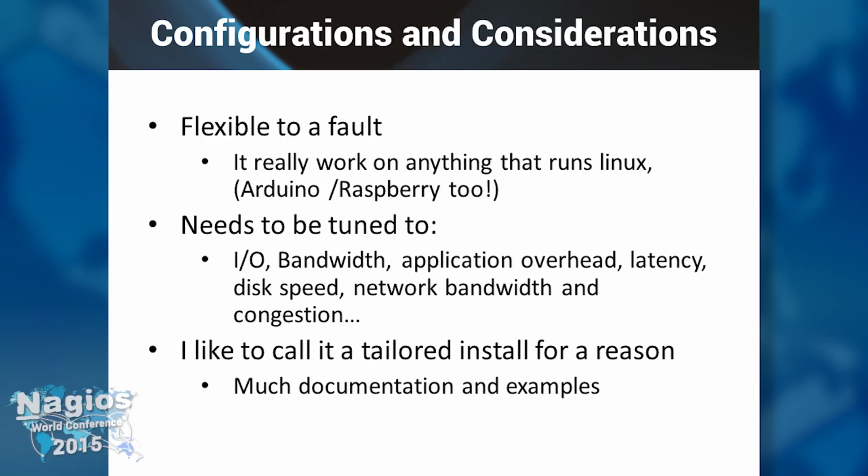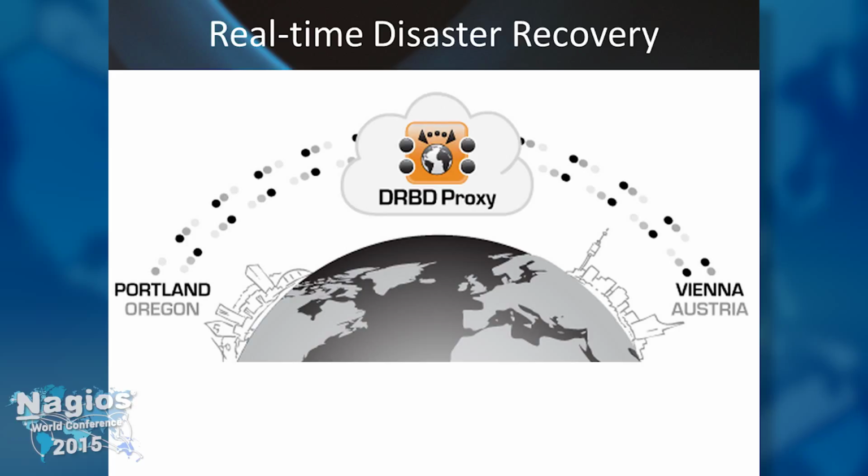I've mostly been talking about how this can be used locally. The big thing, though, that's growing is how you want to use this between sites. So for us, I'm based out of Portland, Oregon, and we live replicate everything to Vienna, Austria, where our headquarters and our developers are. The tool we use to do that is DRBD Proxy.